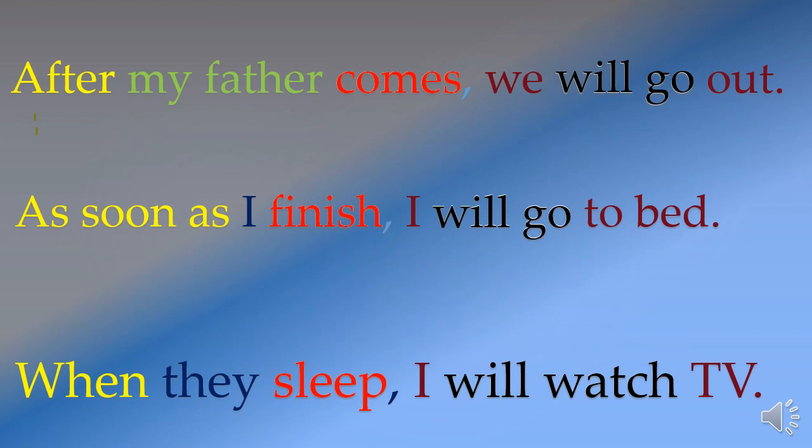For example, after as soon as I finish, after when they sleep, comes after the time conjunction after, and on the second part we use will plus infinitive. After, when, as soon as, present simple, future.